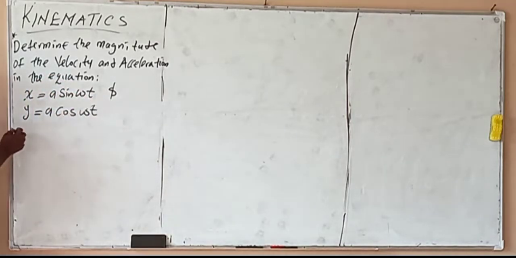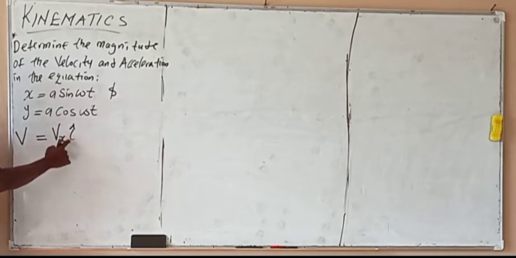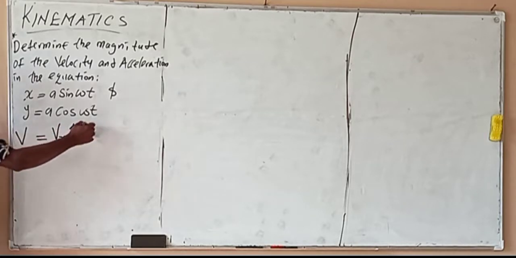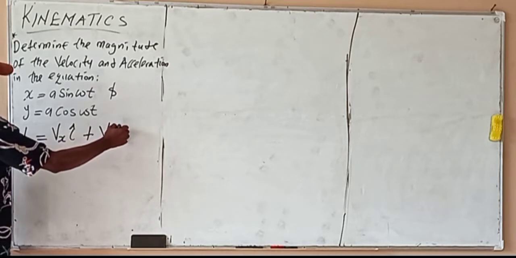When you resolve them, the final velocity will be the velocity in the x-axis, i, plus the velocity in the y-axis, j.